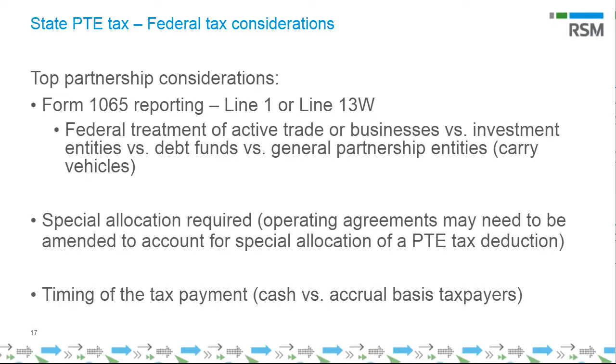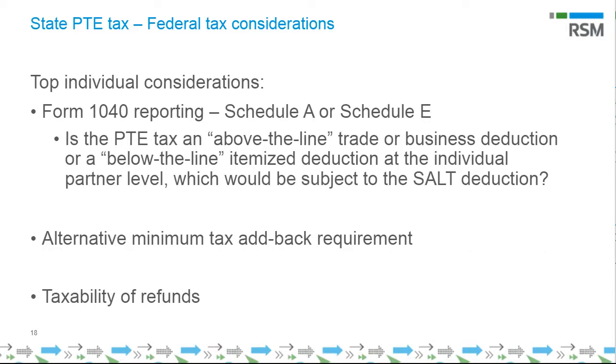There are some thoughts out there, and some questions, as to whether the entity has a fixed liability at the end of that tax year. So that's the uncertainty on the entity side.